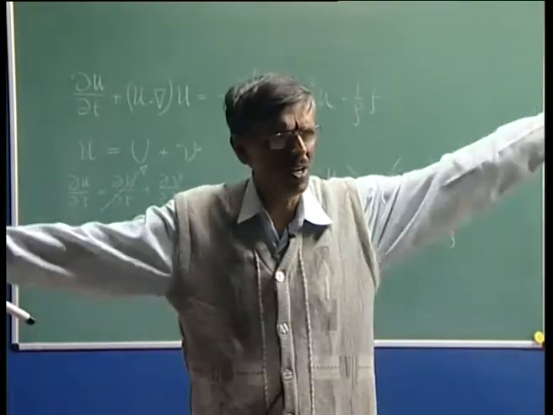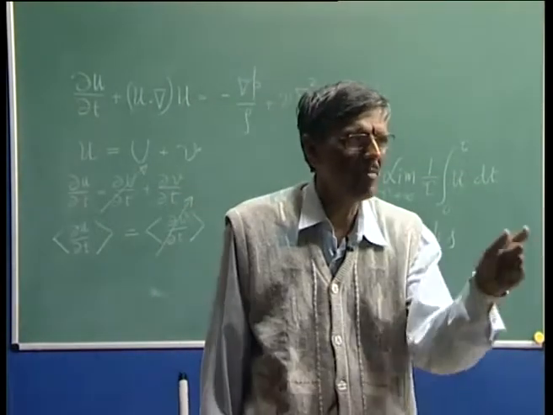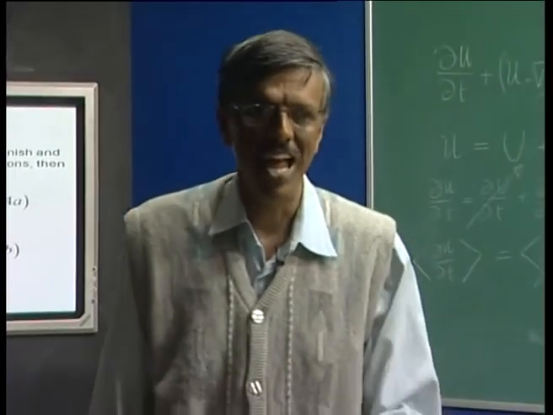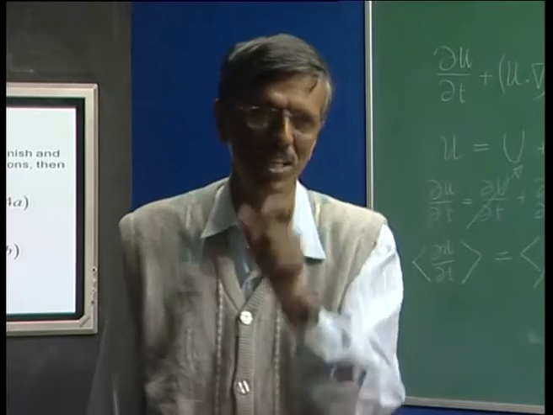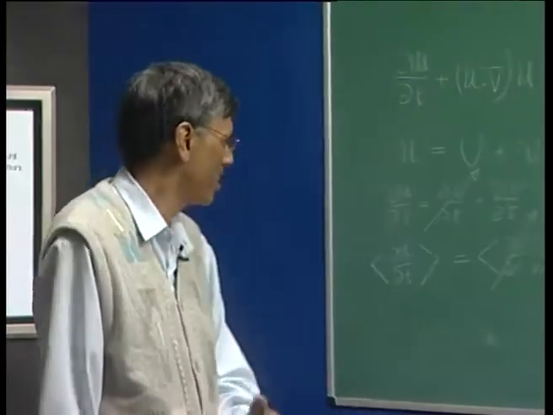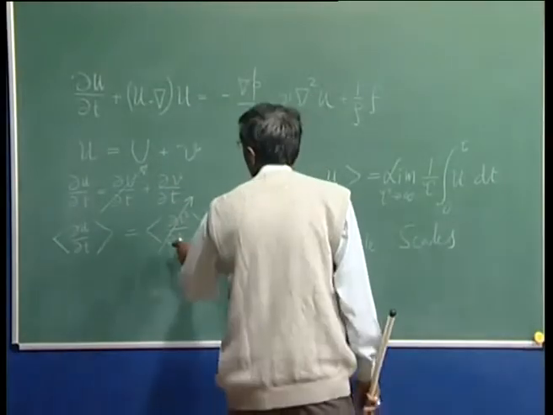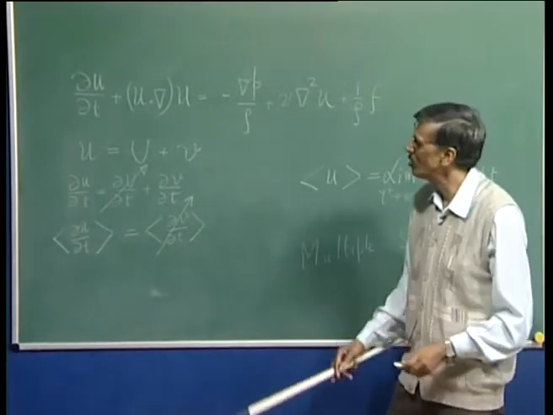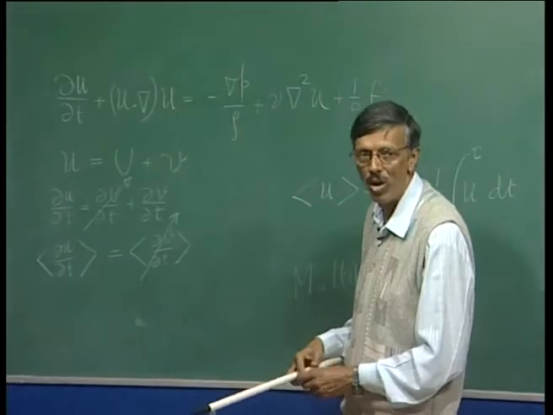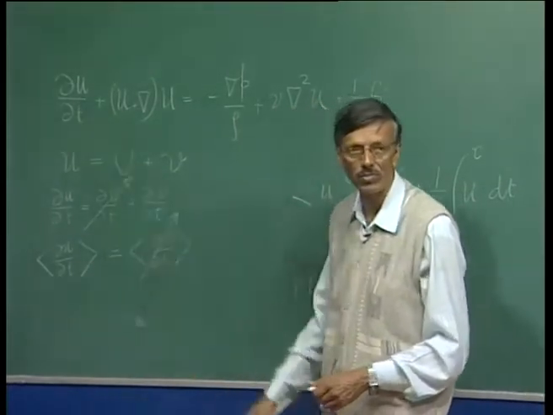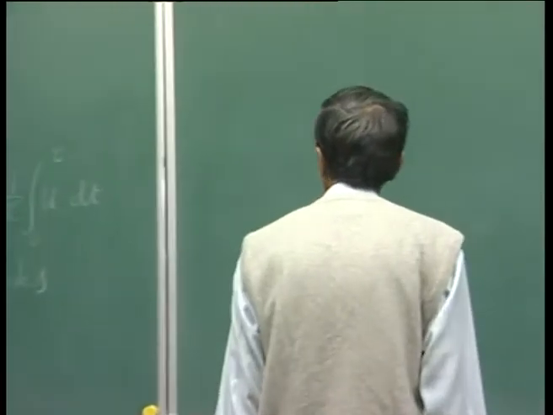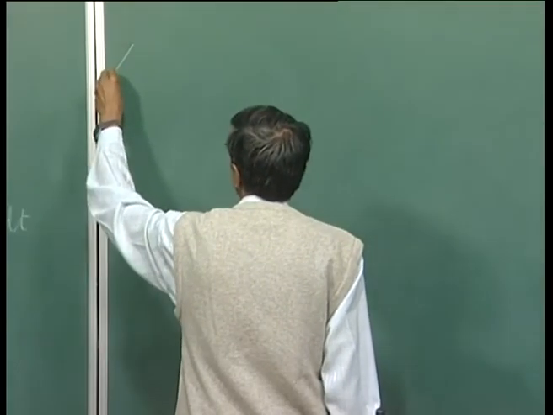So, even if I take a very long time scale, I may have at the most a fraction of a cycle, because every cycle will cancel each other out. And then if I am getting that contribution and dividing by tau, and that tau is very large, it does not give you anything. So, now you understand why this term does not survive also. So, when I am time averaging this equation, I am not going to get any contribution coming from this, right. Convinced? Now, look at the other term. We have to be doing this.